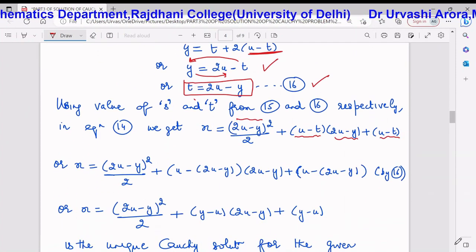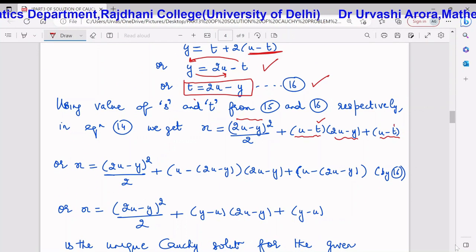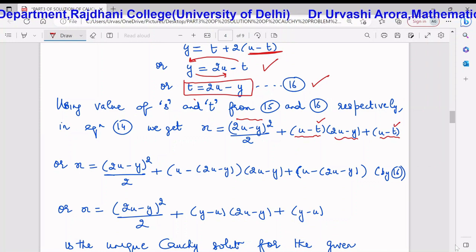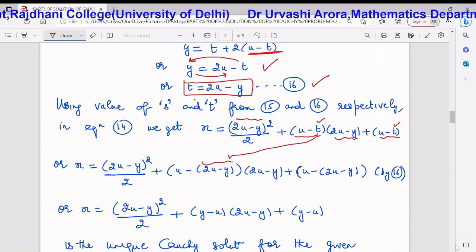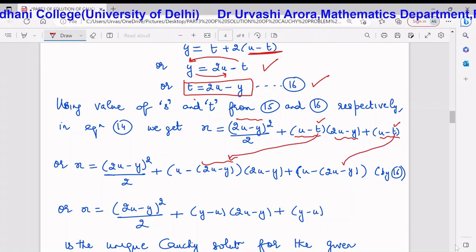Then t occurs at these two points, so again I substitute the value of t at both places.